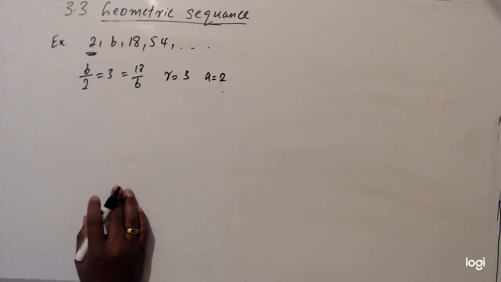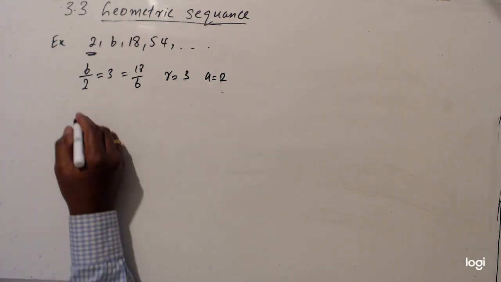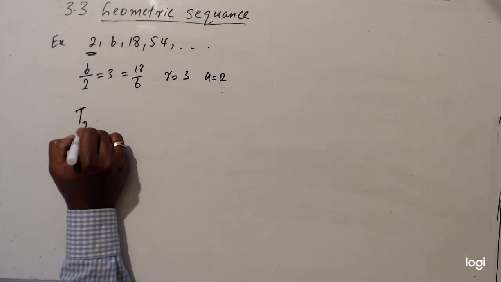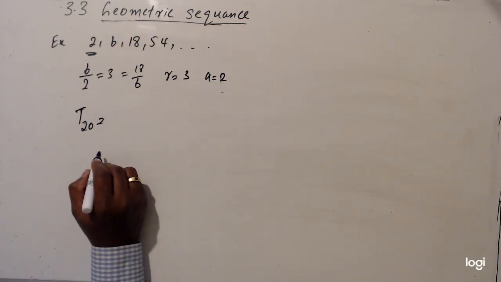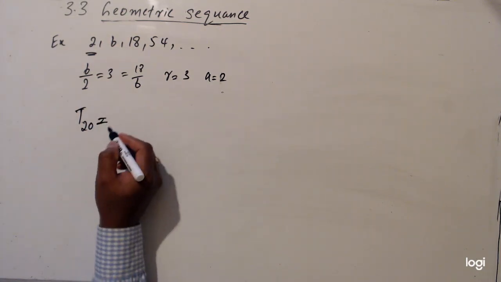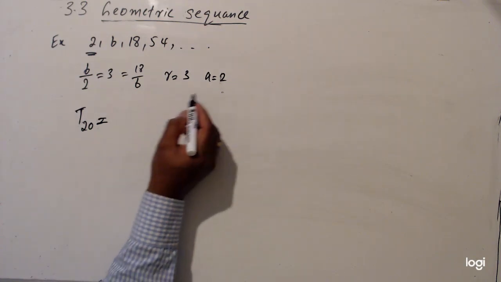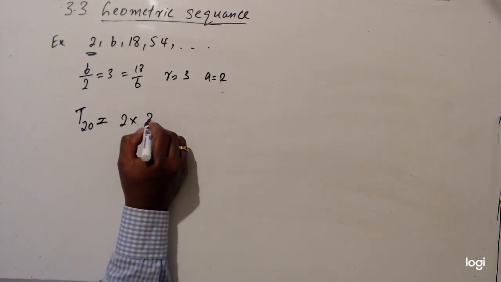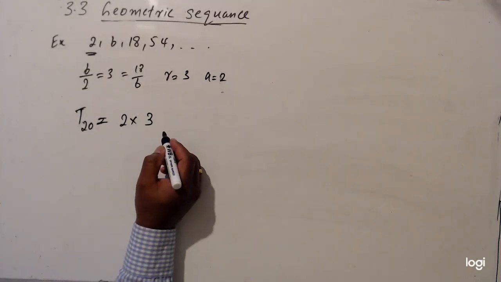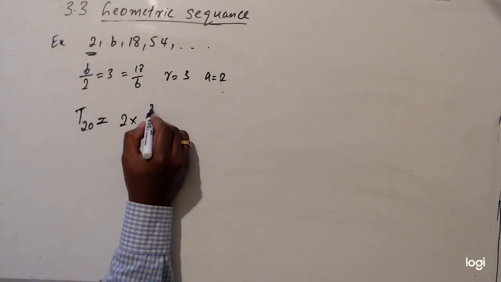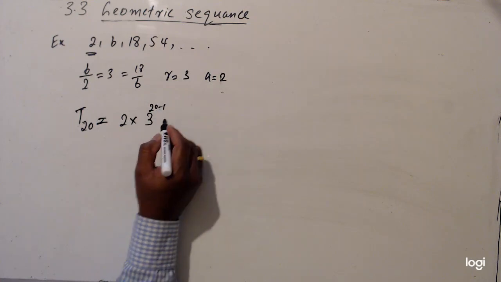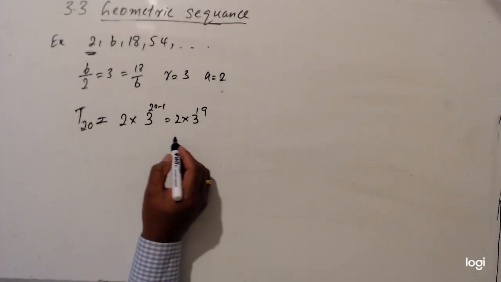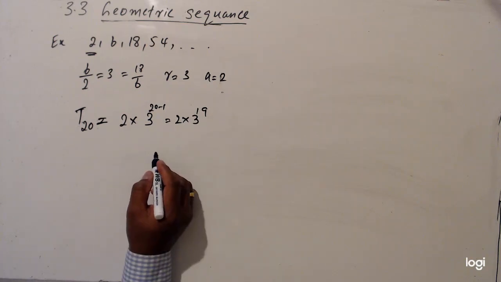Now I want to write, let's say, the 20th term, T20. So with our knowledge we know now, we need the first term, and we need the common ratio, and then 1 less than this number, 20 minus 1. So 2 times 3 to the 19. So this is the 20th term.